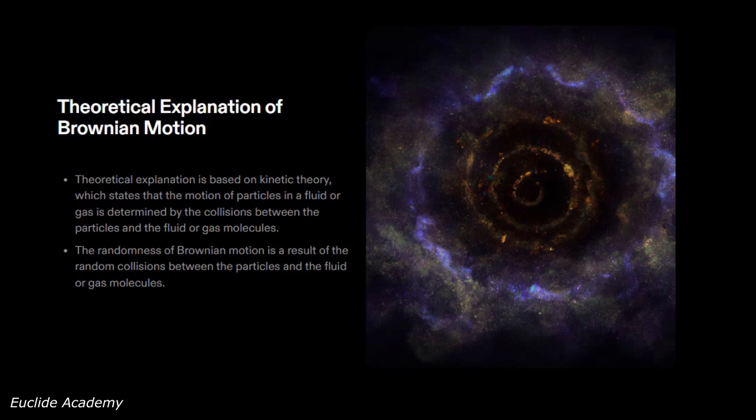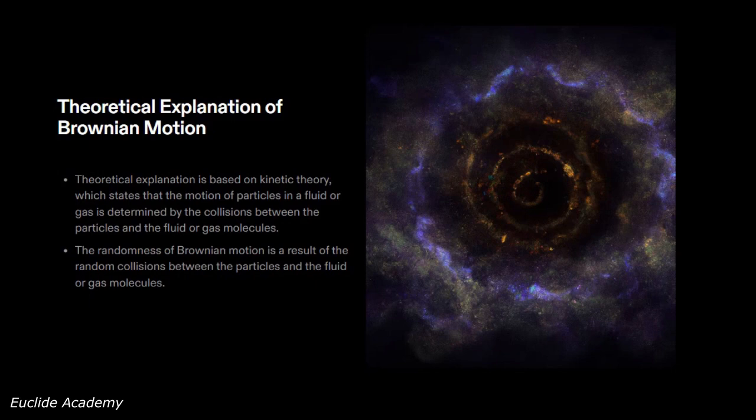So the motion of particles in a fluid or a gas will be determined by the collisions between the particles and the fluid or gas molecules. So the random motion of particles in the fluid is being caused by the collisions between the particles and the fluid or gas molecules, and the randomness of Brownian motion is a result of the random collisions between the particles and the fluid or gas molecules.